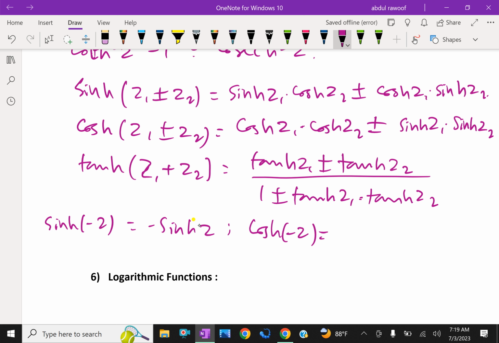Cos h of minus z equal to positive cos h z. Tan h of minus z equal to minus tan h z.